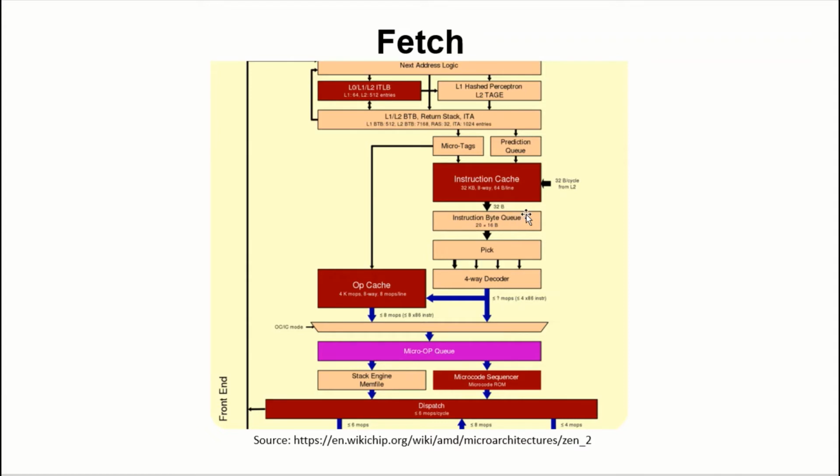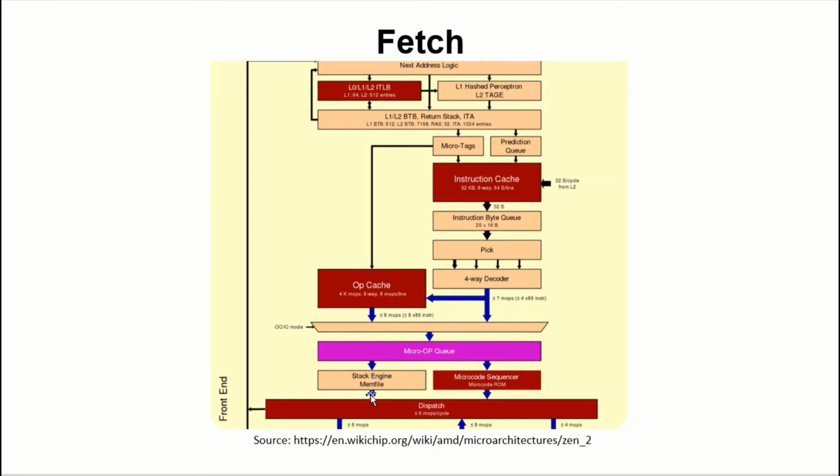A 20 entry instruction bytes queue decouples the fetch and decode unit. Each entry holds 16 instruction bytes, and then the 4-way decoder sends 4 instructions per cycle to the op cache and micro-op queue.